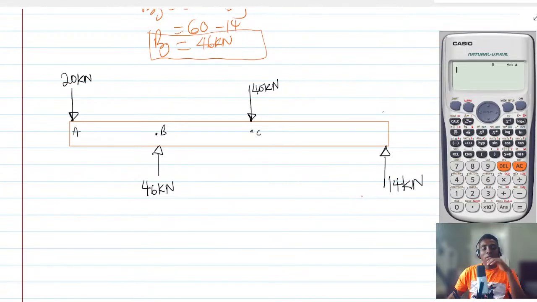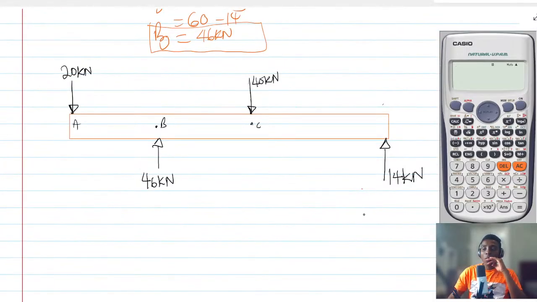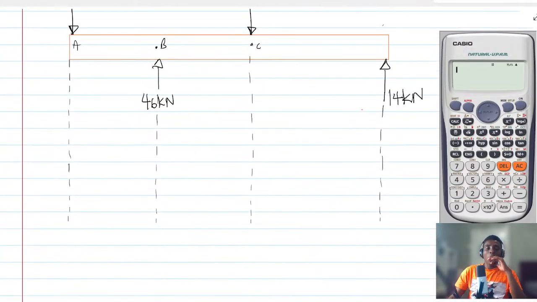So how can you draw the shear force and the bending moment diagram for this? It's very simple. So first of all, let's try and draw this. Now let's assume that there is a line here which is 0.